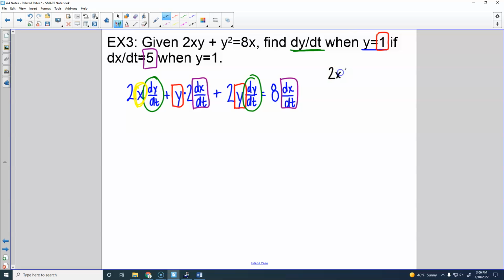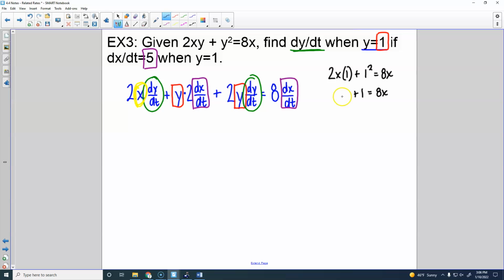So 2x, y I know is 1 at this point. So 2x times 1 plus 1 squared equals 8x. So I've got 2x plus 1 equals 8x. I can divide. Ooh, don't do that. Oh, gracious me. What is wrong with me?